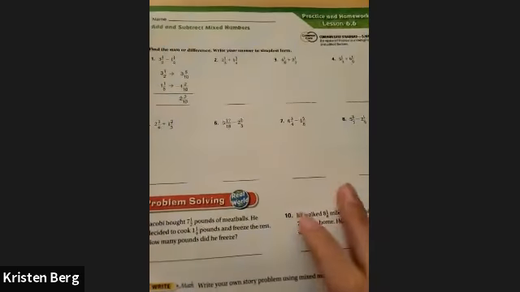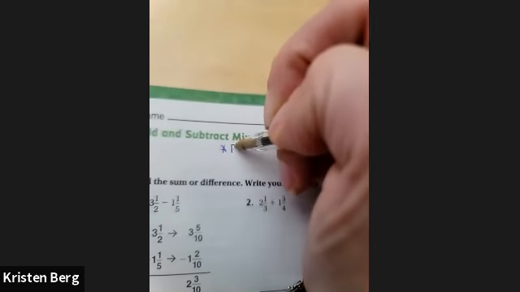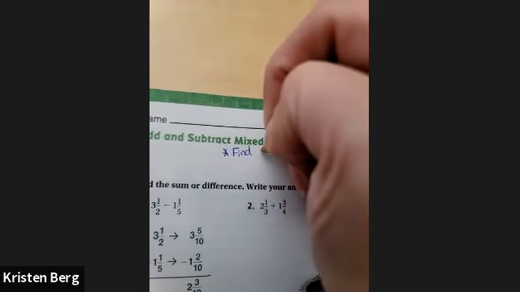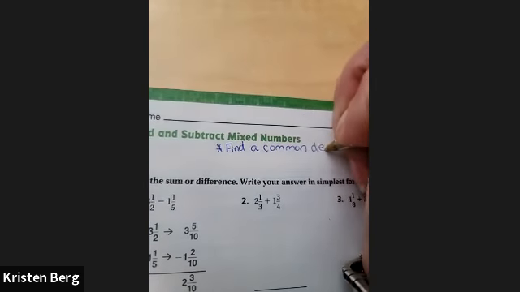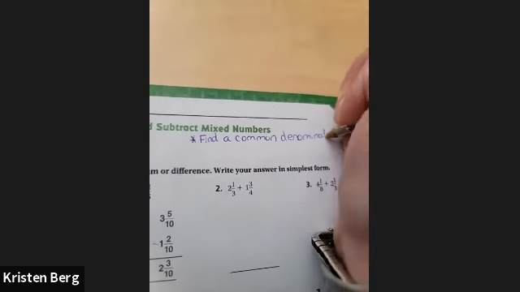So now I am just going to go ahead and go right into your homework here. Again, you need to find the common denominator. And then, of course, you must show your work.